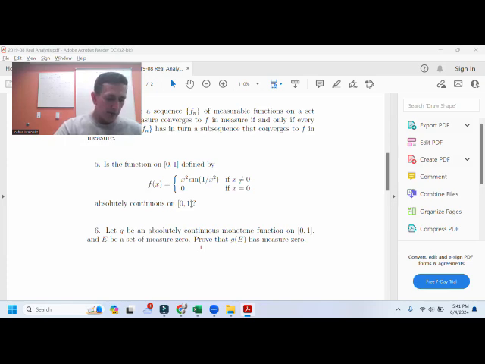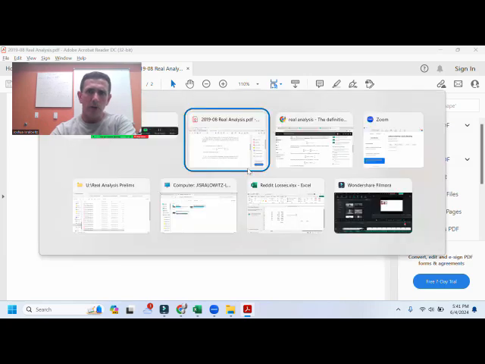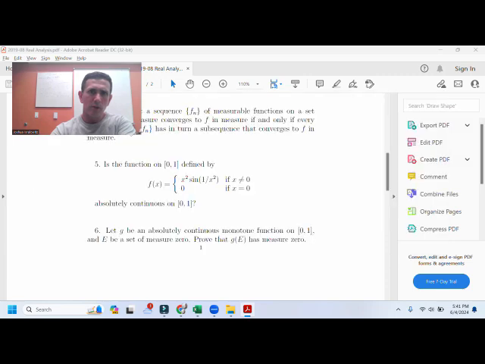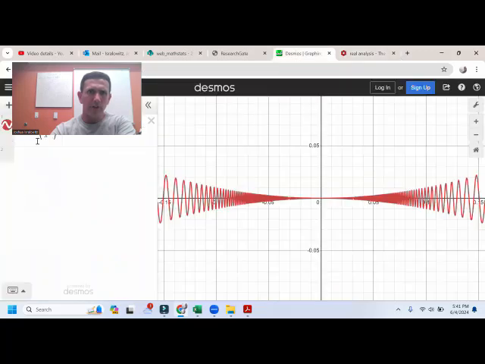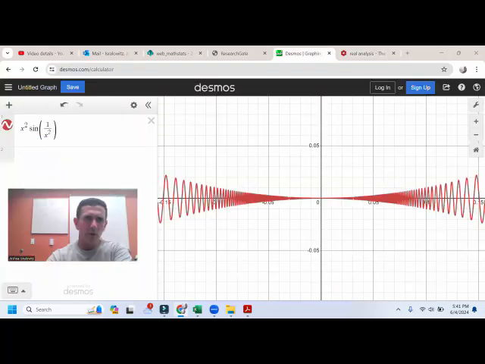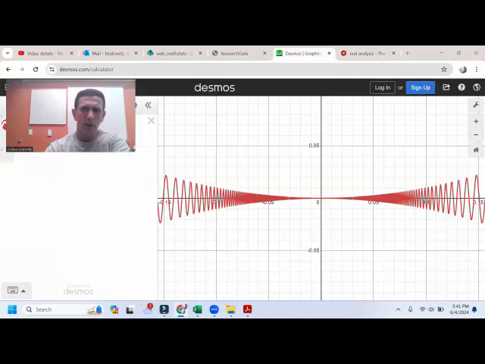And you can check directly that this is not going to have a bounded derivative on 0 to 1. The derivative will eventually blow up as x approaches 0. This is a neat little graph of the function here, x squared sine of 1 over x squared.